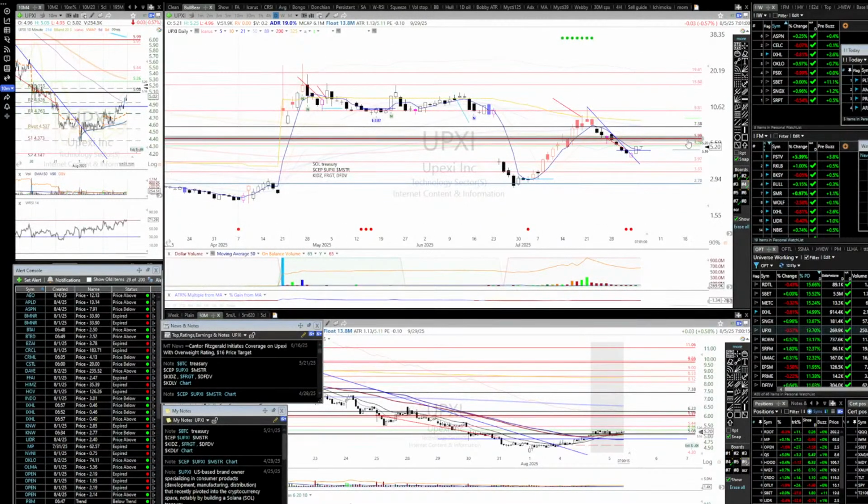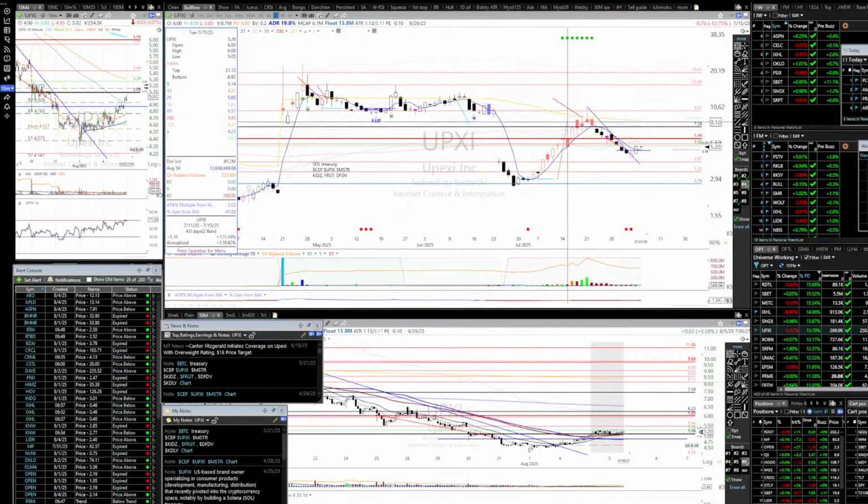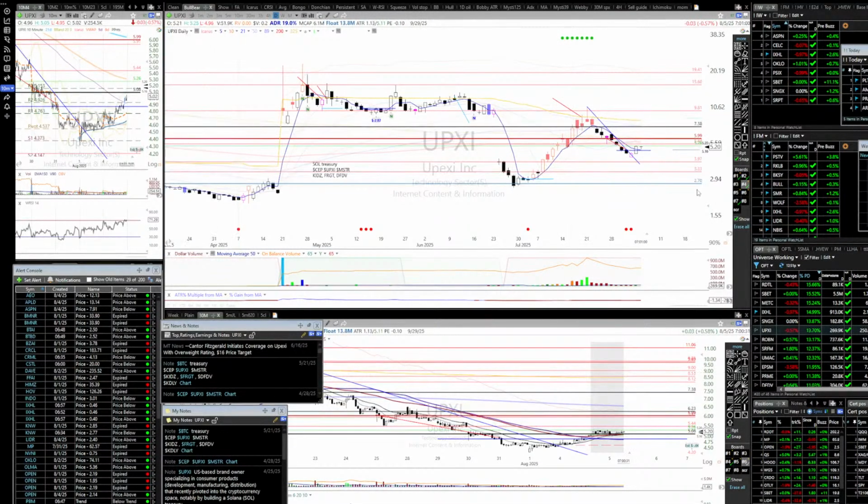Better to wait some, maybe. I did buy it down here for a pretty big reward of almost 200%. So it can move. So it's going in my focus.